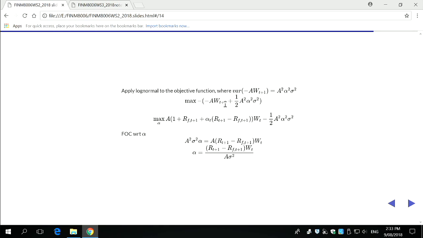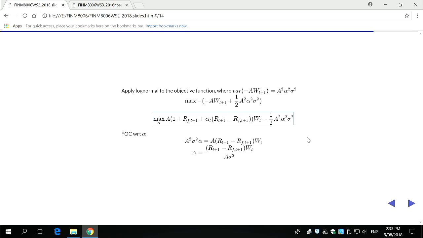And now let's plug in this W_{t+1} into this maximization. So W_{t+1} is just my risk-free return plus alpha times the risk premium, and everything else just follows, copied from above.